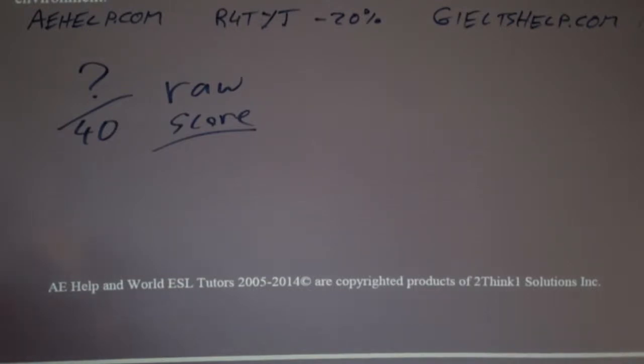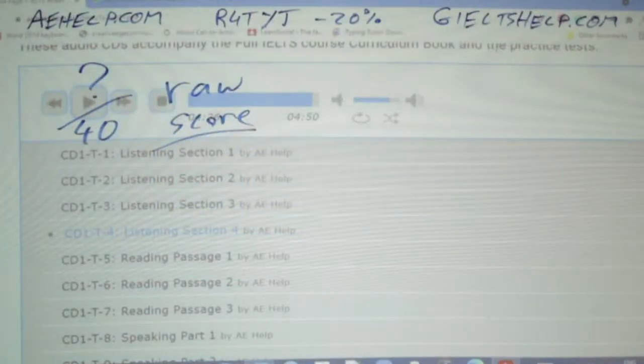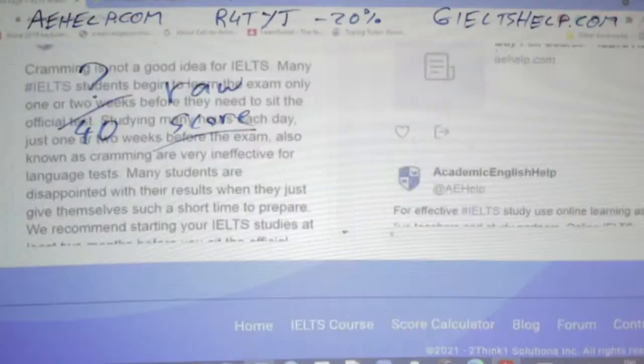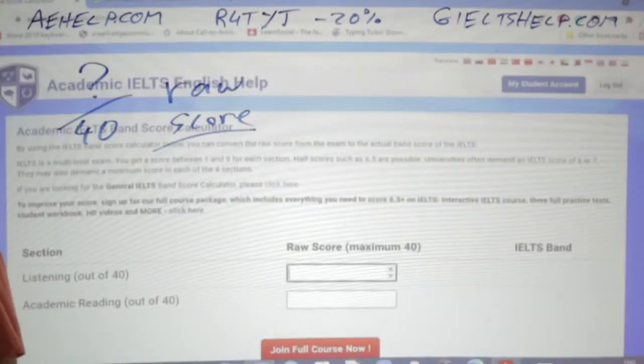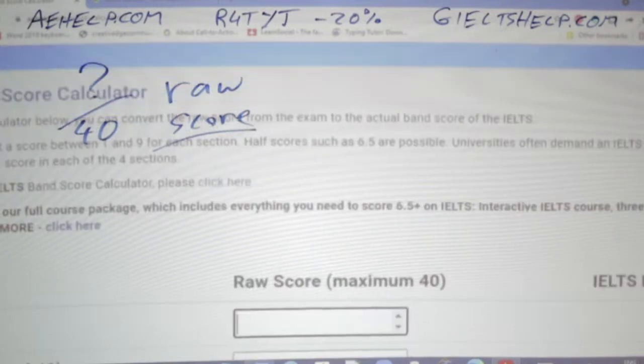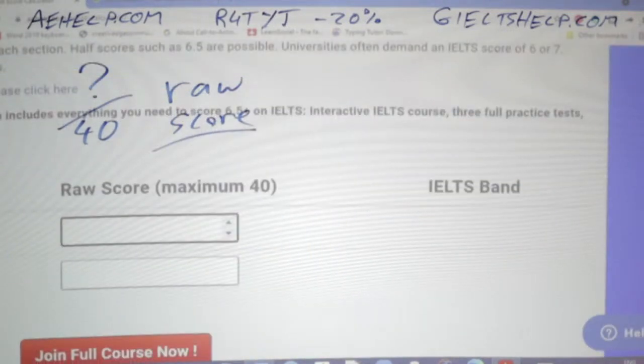And if you have seen our websites, on the bottom, there's a score calculator. Okay, you can click on that score calculator and then you can type in your raw score. Angel says that she got 29. So, Angel, you would have a 6.5 total. Okay.